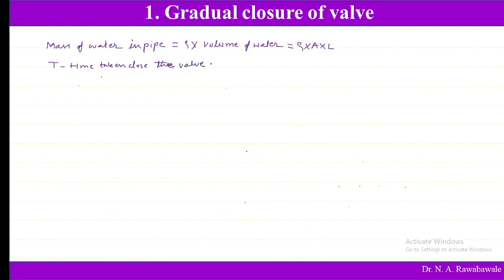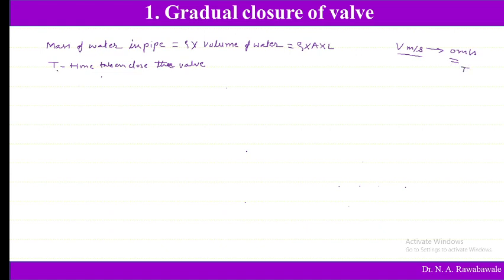So what happens here? The retardation process takes place. What is the retardation? The velocity of water is V meters per second, and we are going to convert this velocity to 0 meters per second by closing this valve. So the reduction in the velocity from V meters per second to 0 meters per second within a time T is known as the process of retardation.